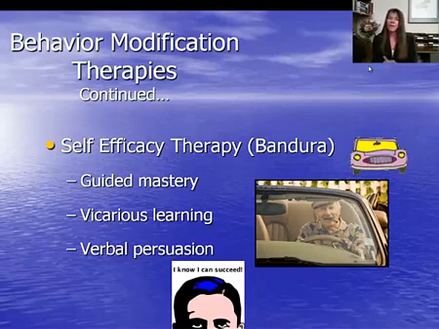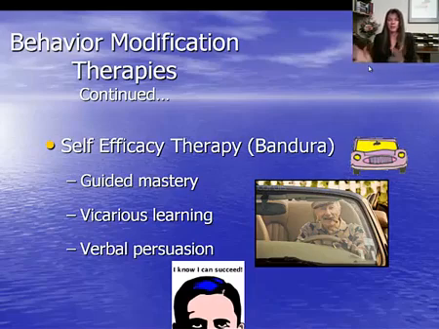So I want you to imagine this widow, and I want you to imagine that she goes to Bandura because he really specializes in things like this. His therapy consists of 3 different things, and even though they have to be listed in a certain order on this slide, do be aware that they tend to happen concurrently.